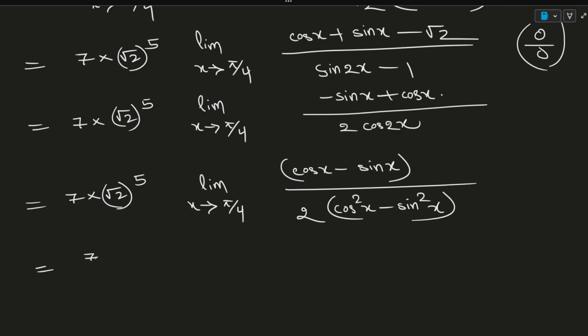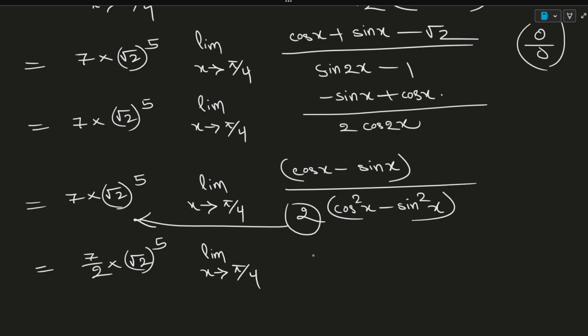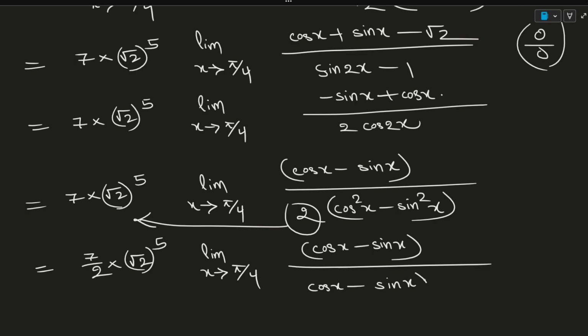So it will be 7 by 2 into root 2 power 5. Here I take this 2 outside the limit. Then it will be limit x tends to pi by 4 of cos x minus sin x divided by cos x minus sin x.